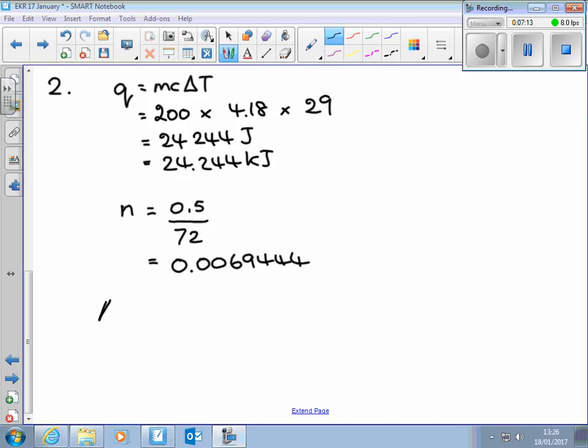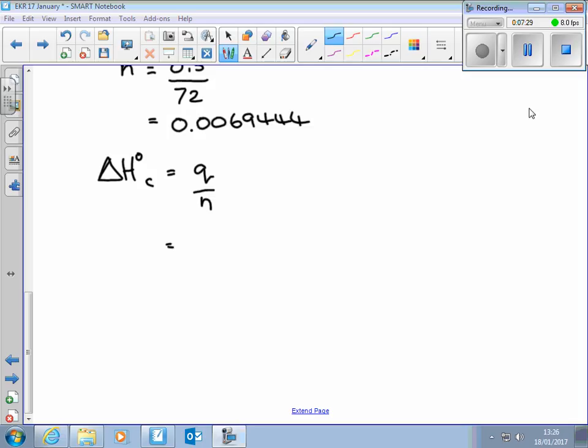So step 3, delta H, this time delta H naught, we're told it's combustion, so we can put the little c down there. So we've got Q divided by n, which is our kilojoules, 24.244, divided by the number of moles, which may have been rounded at some point.